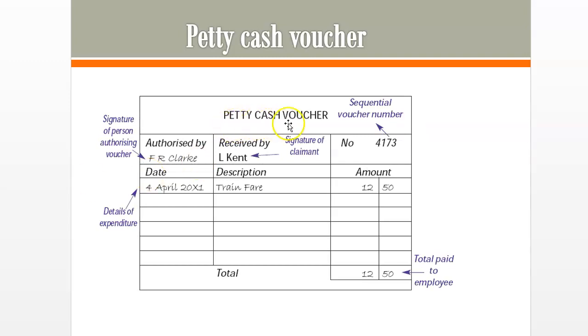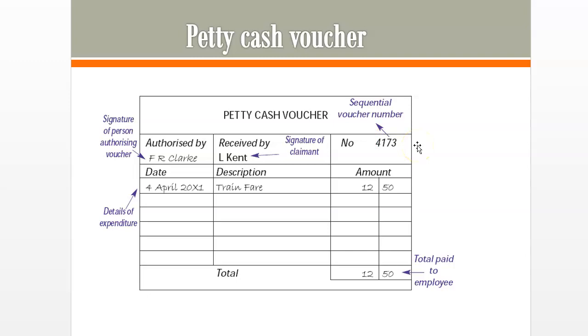You can see there is a heading, petty cash voucher. There is a sign by authorized by. This is the petty cash manager who needs to sign to authorize the payment. There is a sign by received by. This is the employee who is claiming the money. There will be a unique number for every petty cash voucher, just like invoices.